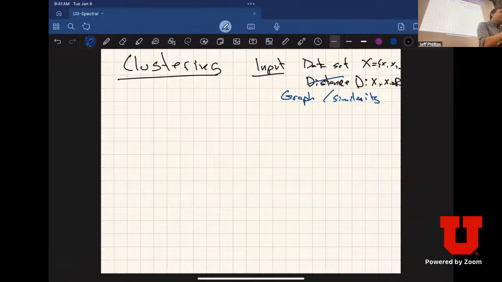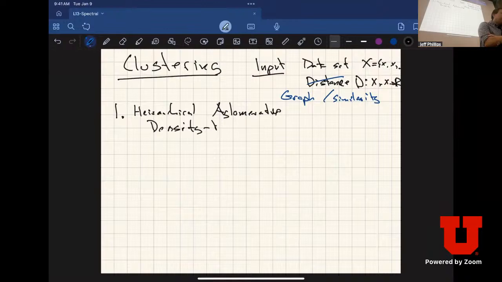Let's just review some context. We talked about 3 types of clusterings. The first was hierarchical agglomerative. This also included the density based clustering.